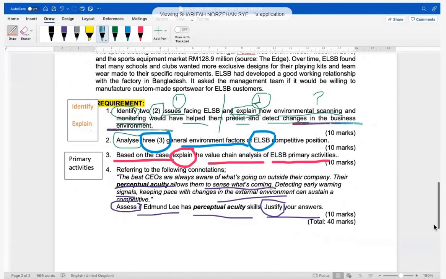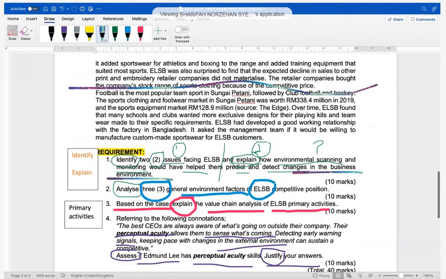So basically, what do you understand from that particular case? What can you understand from this particular case? Would you want to try this out first?